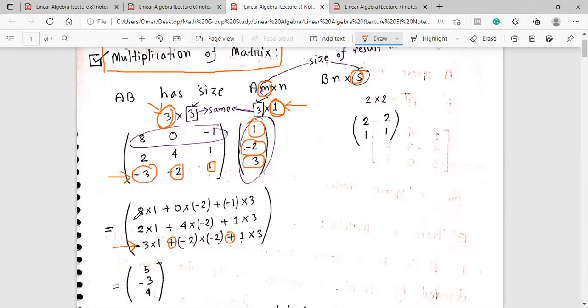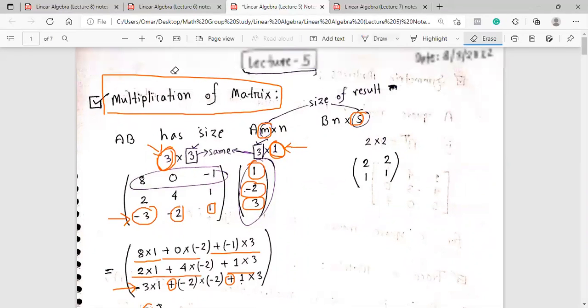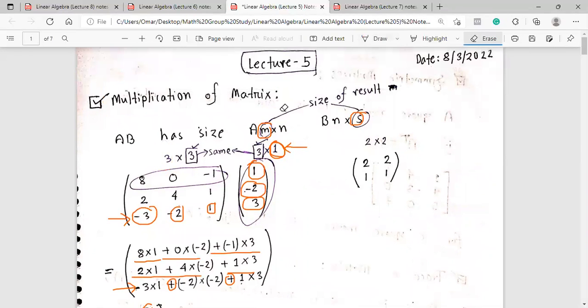And then we can calculate: 8 multiply 1 is 8, plus 0 minus 3, that is going to be 5. And then 2 minus 8 and plus 3, it will be minus 3, and it will be 4, okay? So this way we do the multiplication of 2 matrices.